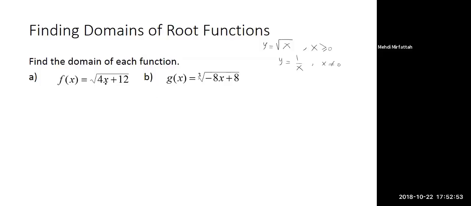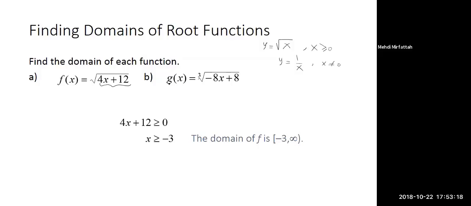So 4x plus 12 must be a positive number, greater than or equal to 0 for part A. So x has to be greater than or equal to negative 3. This is my restriction for that. So the domain would be all the numbers from negative 3 to infinity, if you write it in interval notation.